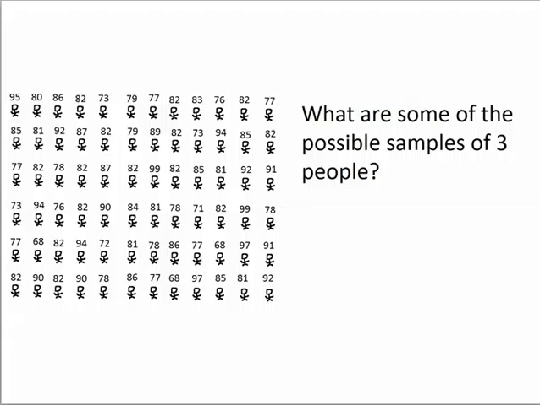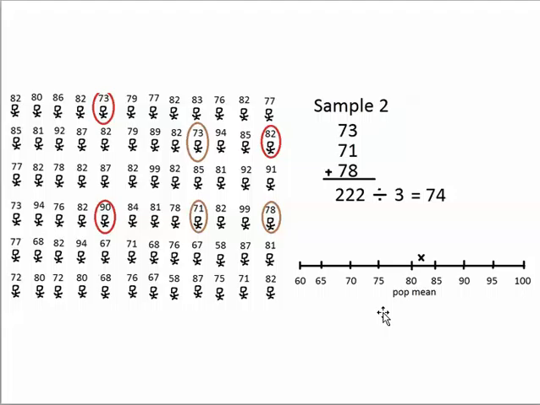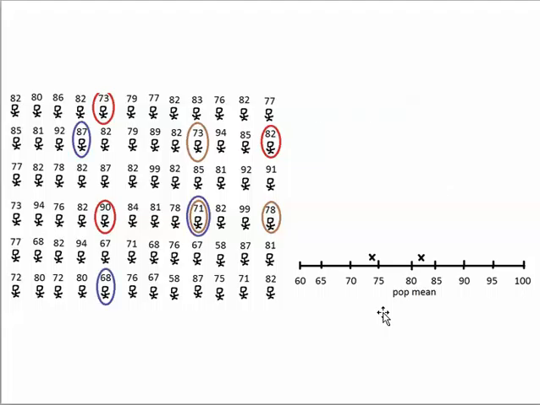So let's think about what are the possible samples of 3 people. Well, here's one possible sample, and it has a sample mean. I should have put an X bar because it's a sample mean, but I just used an X instead. Here's a different possible sample of 3 people, and it has its own sample mean. Here's a different one. Here's one more.